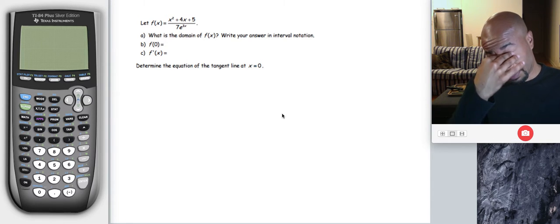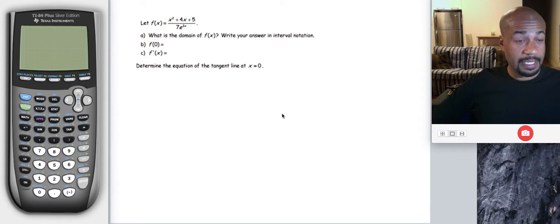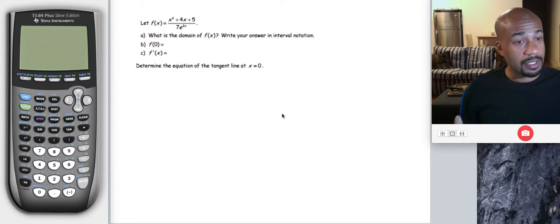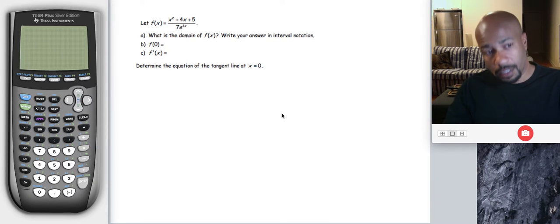So what I want to do here is remind you that if something's in the denominator and you want to throw it up in the numerator, all you have to do is change the sign of the exponent. That's one of the laws of exponents. So I'm going to rewrite f of x as a product of 2 functions rather than a quotient.